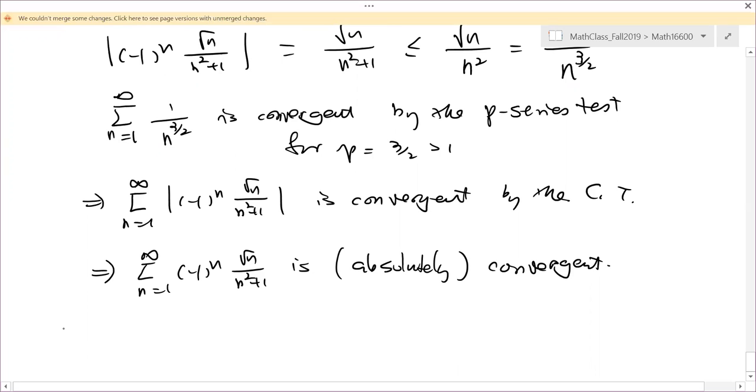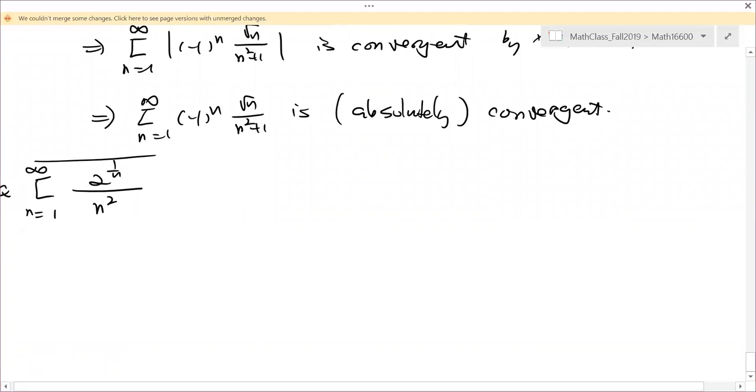All right. How about one more problem? 2 to the 1 over n, over n squared. Okay, n starts from 1. I think this is convergent, and you can use any method.